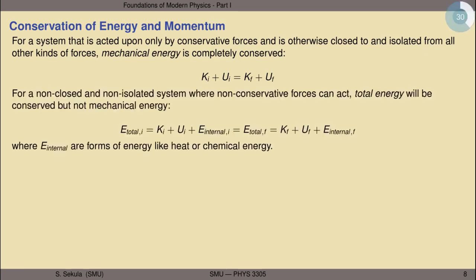Now, for a non-closed and non-isolated system, and especially where non-conservative forces can act, total energy will be conserved, but not just mechanical energy. Total energy is the sum of kinetic, potential, and all other forms of internal energy like heat due to friction or drag, or even chemical energy.